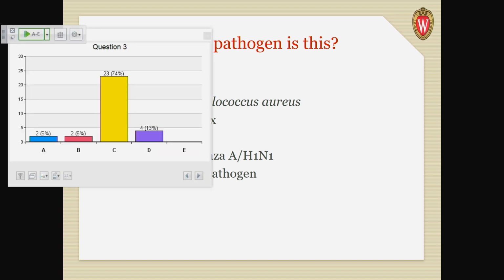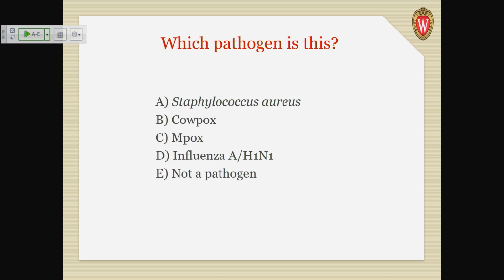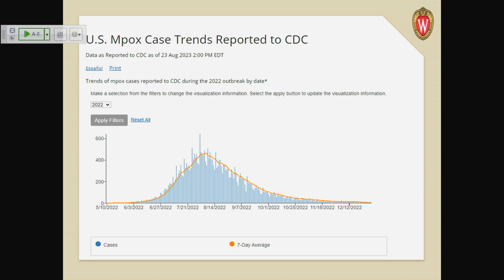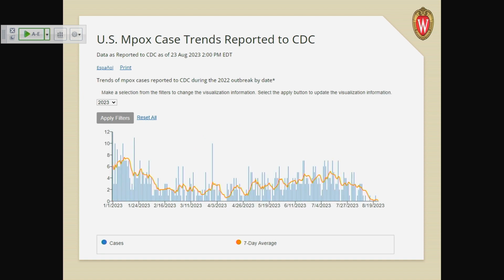All right, almost everybody got it. This was indeed mpox. You listened to Alana's talk. This is the mpox case trends in 2022, and again, the y-axis, this is up to 600 at a particular day. This is 2023. Now we're down to 0 or 1 or maybe 2 in a given day in the entire country. So it's really, really nice to see that.